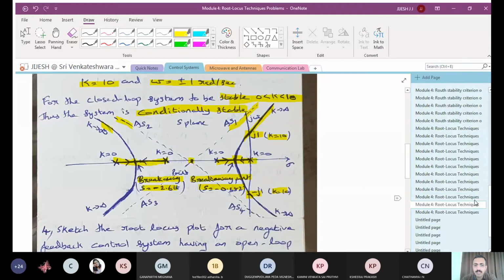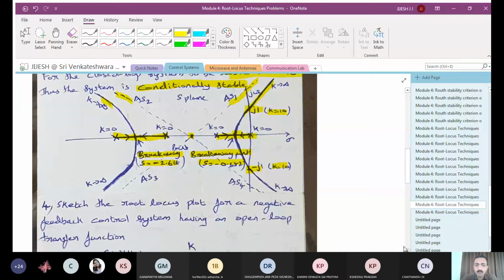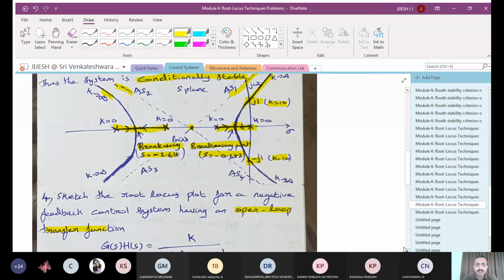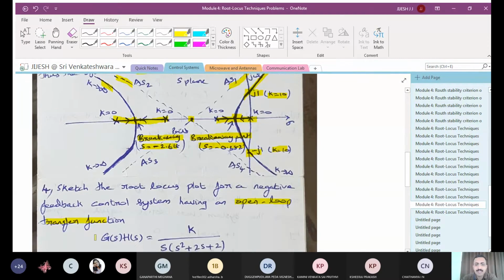So you can take down that: sketch the root locus plot for a negative feedback control system having an open loop transfer function. The function is given as G(s)H(s) equal to k divided by s into (s square plus 2s plus 2). Entirely a different problem.